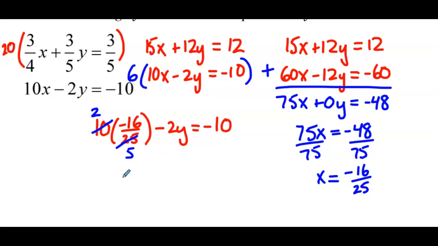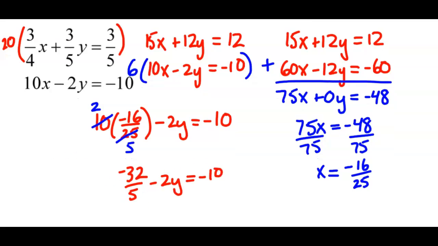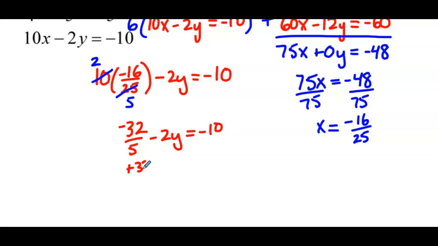So we have negative 32 over 5 minus 2y equals negative 10. We will add 32 over 5 to both sides. So we have negative 2y equals, so I need a common denominator here, so this will be negative 50 over 5, which will give us negative 18 over 5.